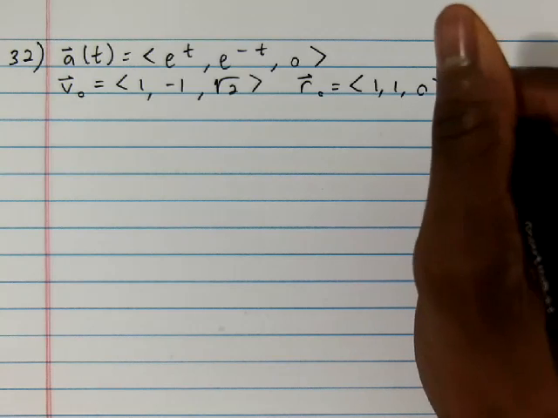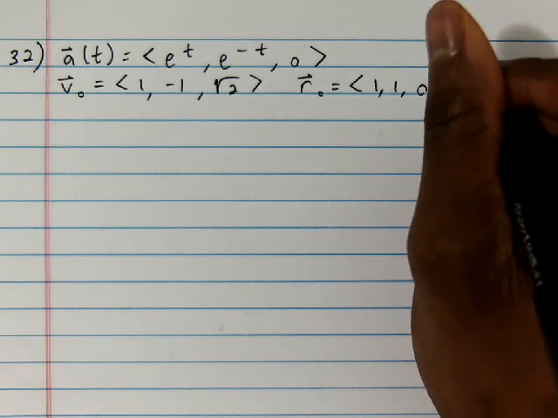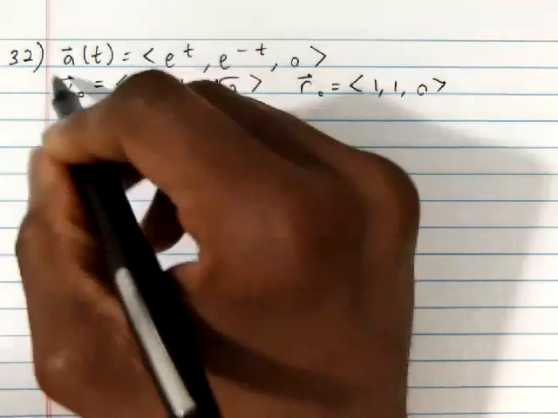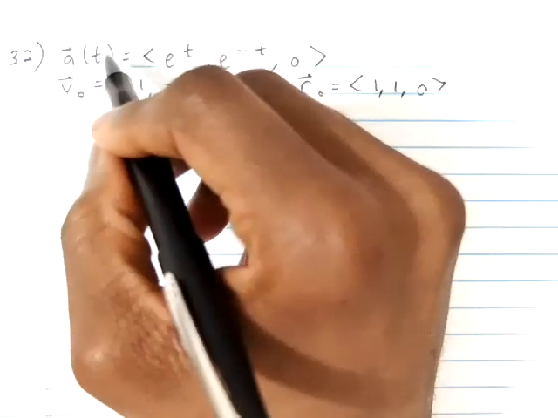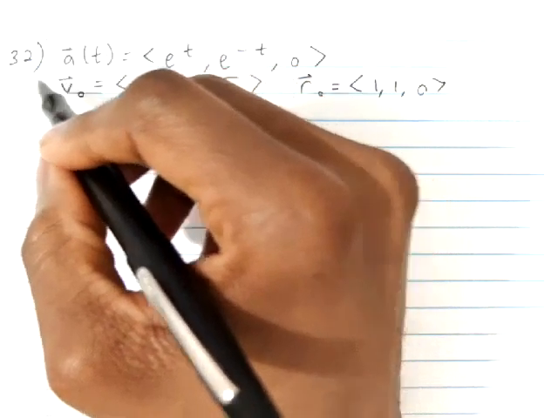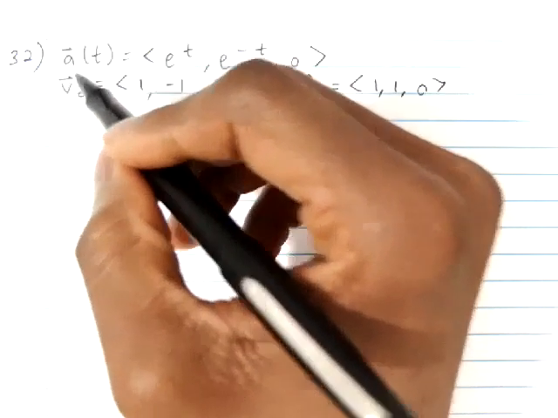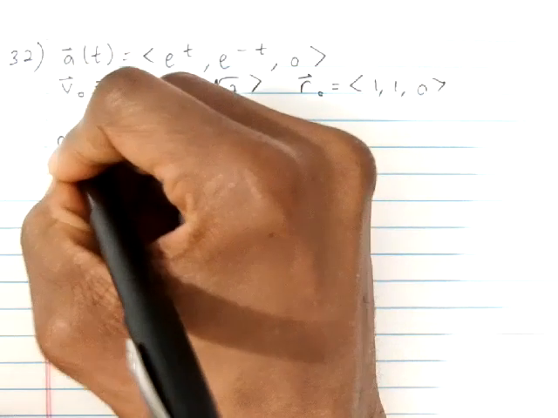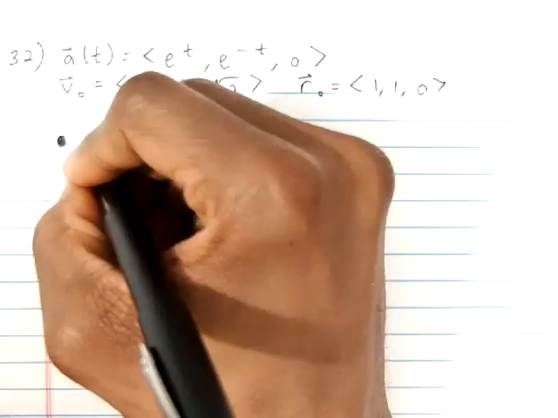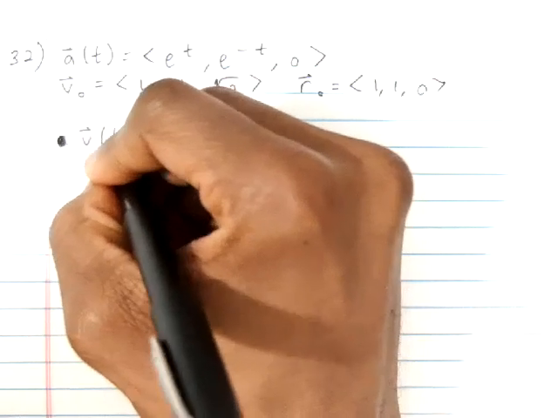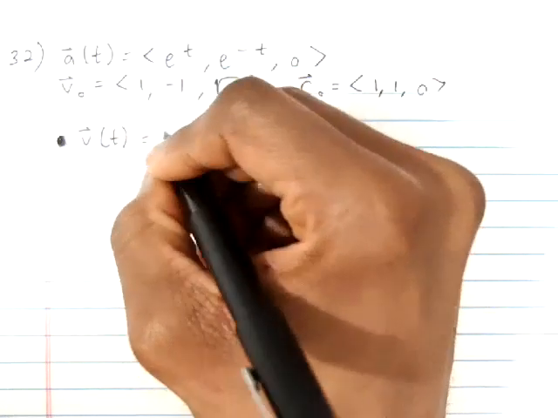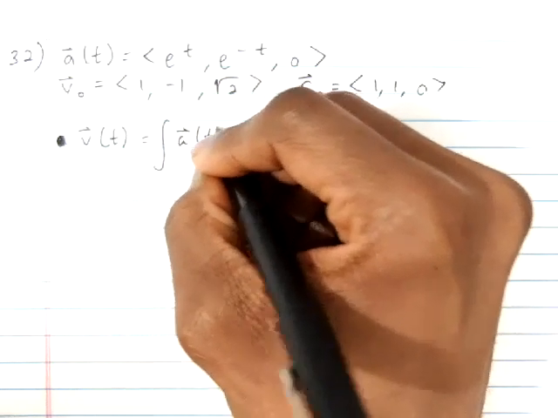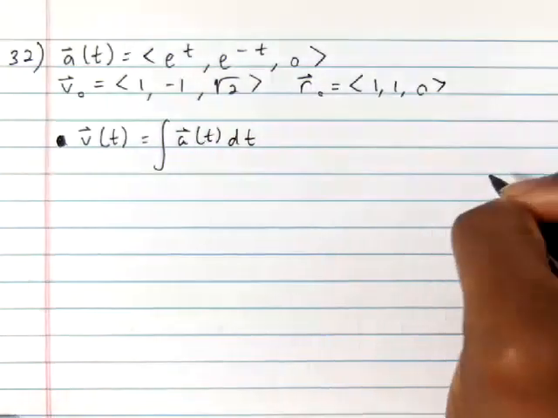All right, so they told us to find the position, velocity, and speed. We're starting with the acceleration, and we want to integrate the acceleration so that we can find velocity. So v of t is equal to the integral of a of t with respect to t.